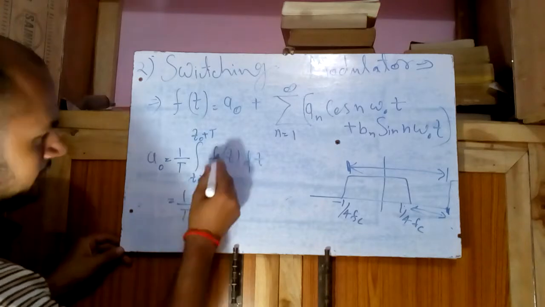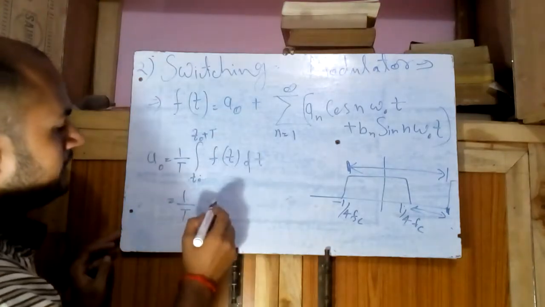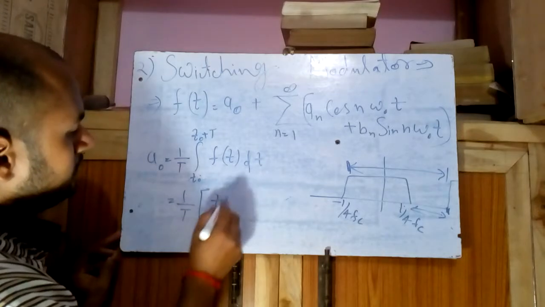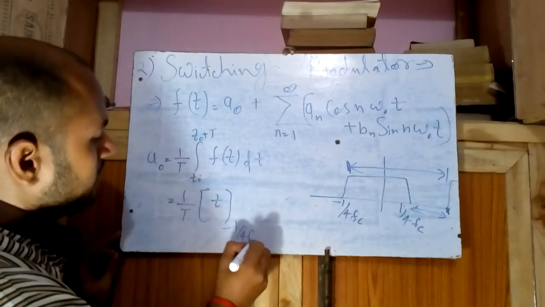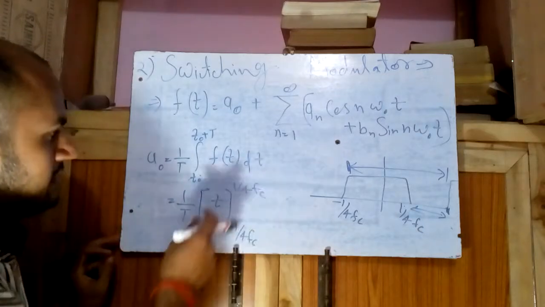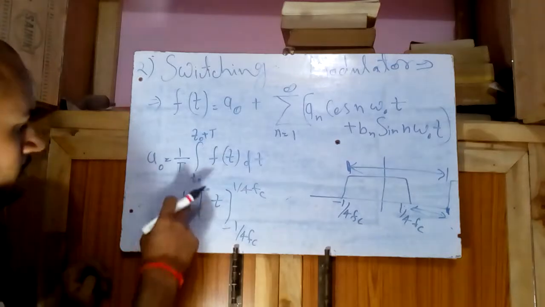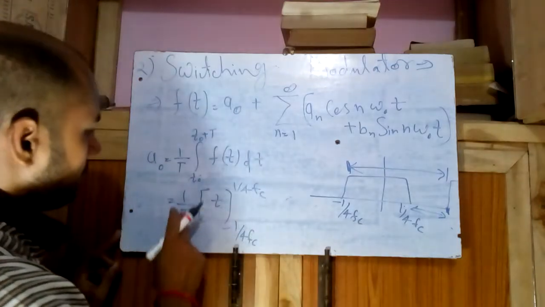That is 1 by T, and this ft is 1, that is dt, and t will be in the range of minus 1 by 4 Fc to 1 by 4 Fc. So Fc, I have told that the carrier and gate have the same frequency, that is 1 by T, and Fc is the same.